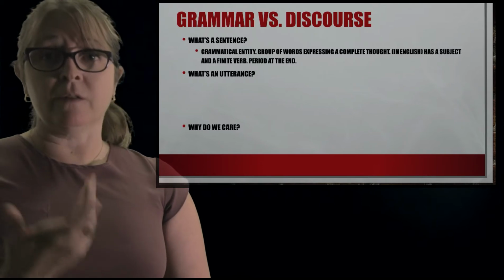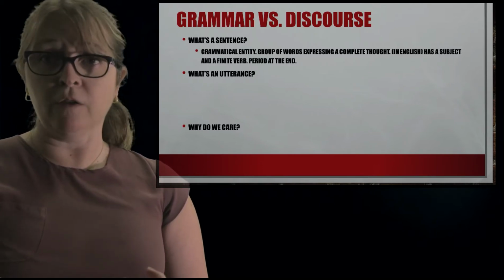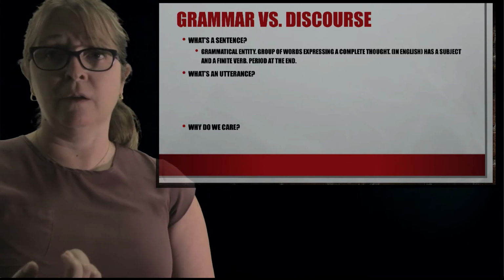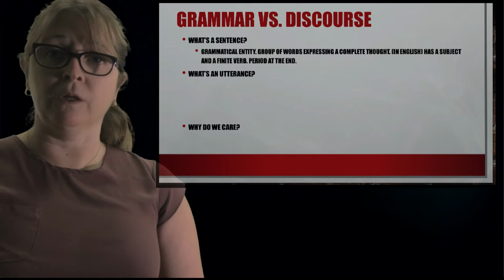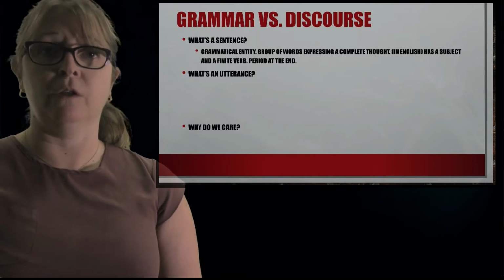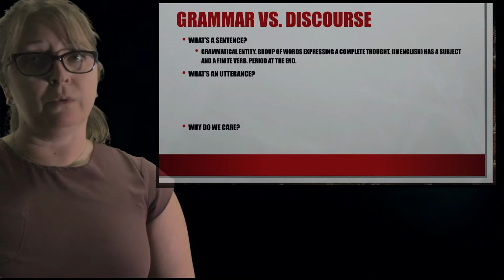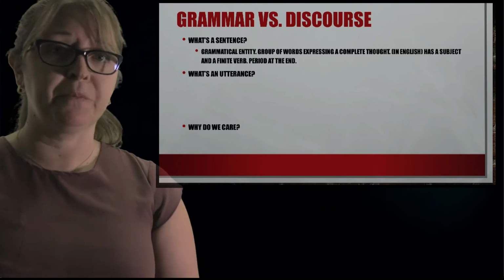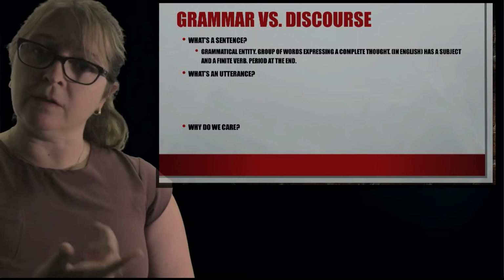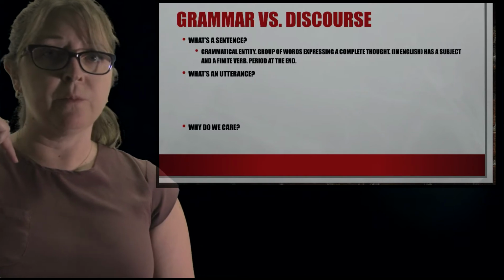In English, you have to have a subject and a finite verb, so I can't say I to go to the store. In English, you have to conjugate that verb, right? And then you have a period, or maybe not. Periods are kind of optional these days, right? So that's a sentence. That's kind of theoretical, in the box.